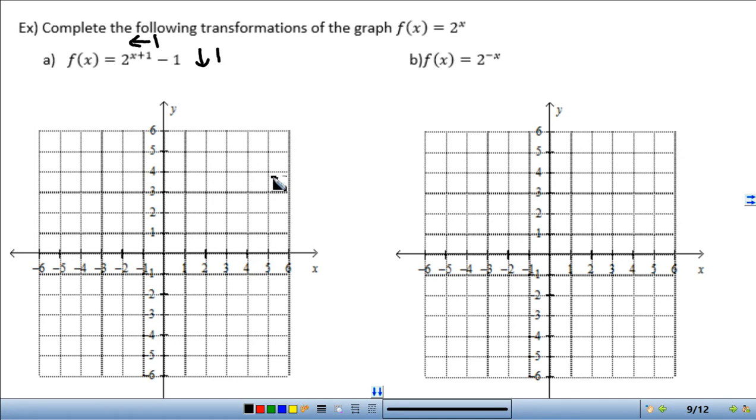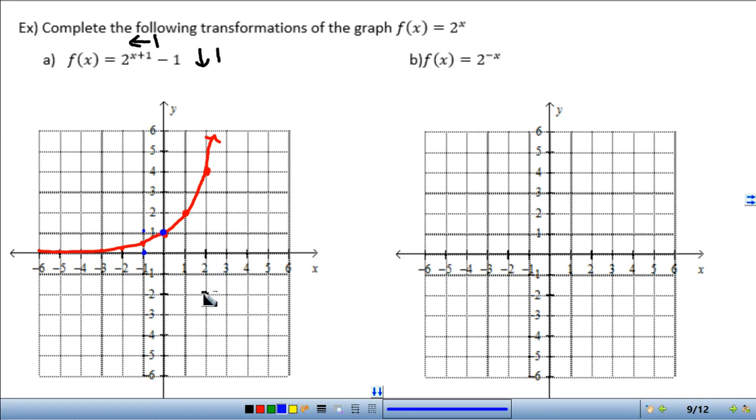So I'm going to take a normal f of x equals 2 to the x function. So it's this. And this equation is a transformation of that, where I go left 1, down 1. So I go left 1, down 1.